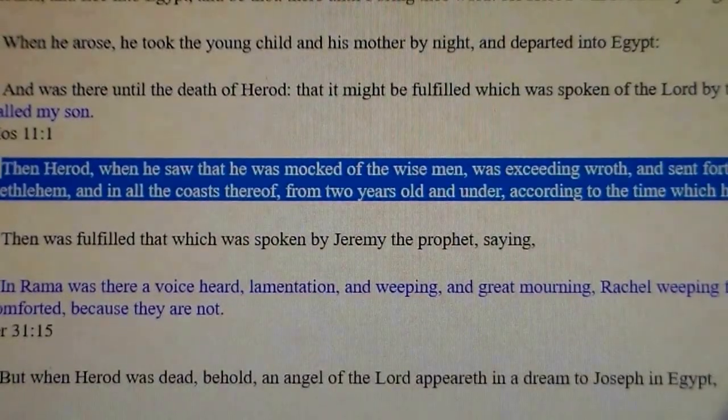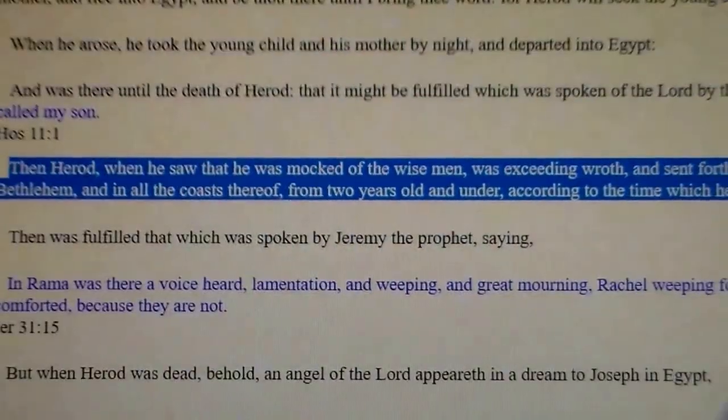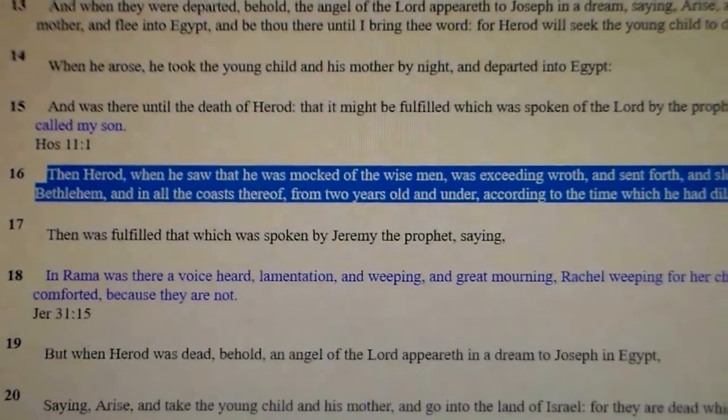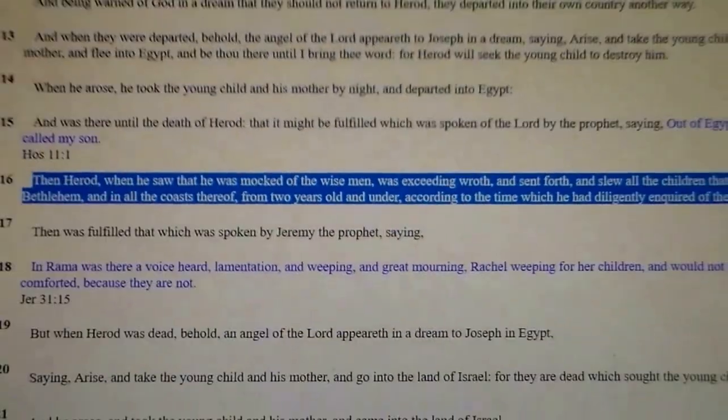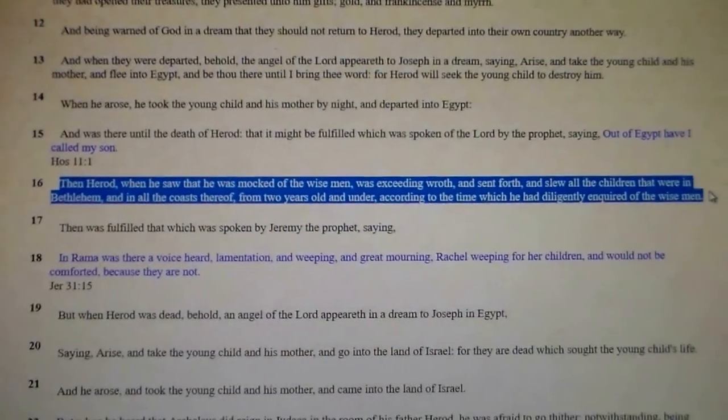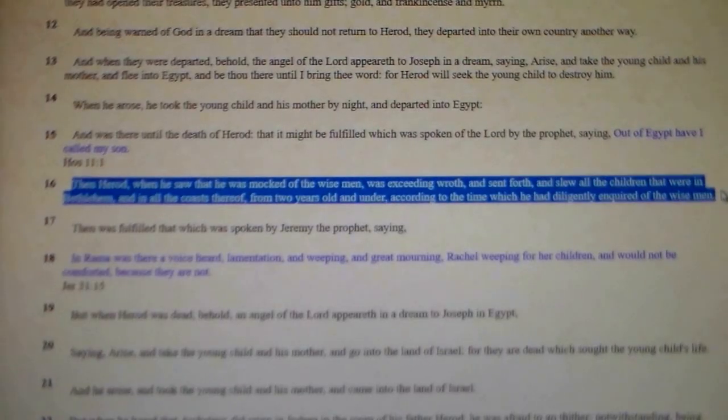It says, when Herod saw that he was mocked of the wise man, was exceedingly wroth, and sent forth and slew all the children that were in Bethlehem, and all the coast thereof, from 2 years old and under, according to the time which he had diligently inquired of the wise man.